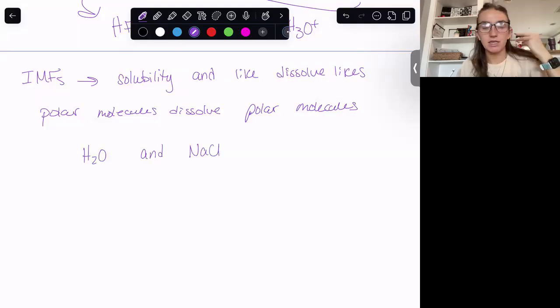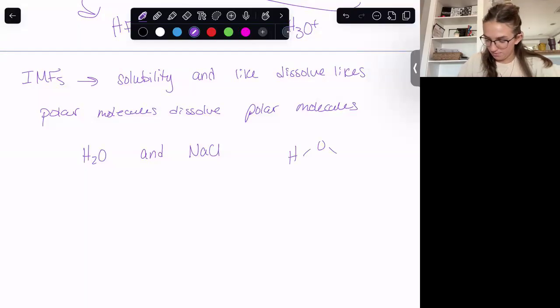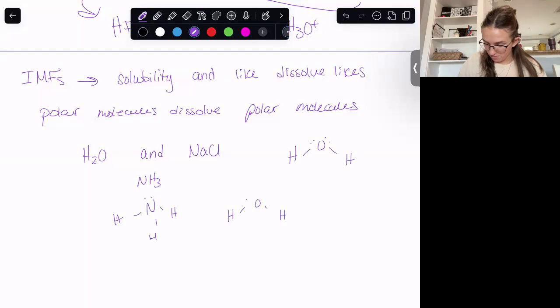NaCl is an ionic compound that is so polar, the electrons are transferred to the nonmetal from the metal in this case. And then H2O we know is polar because of its Lewis structure, right? So water's polar. Looking at two covalent compounds, NH3 is a polar compound, and this would be dissolved in water here, right?